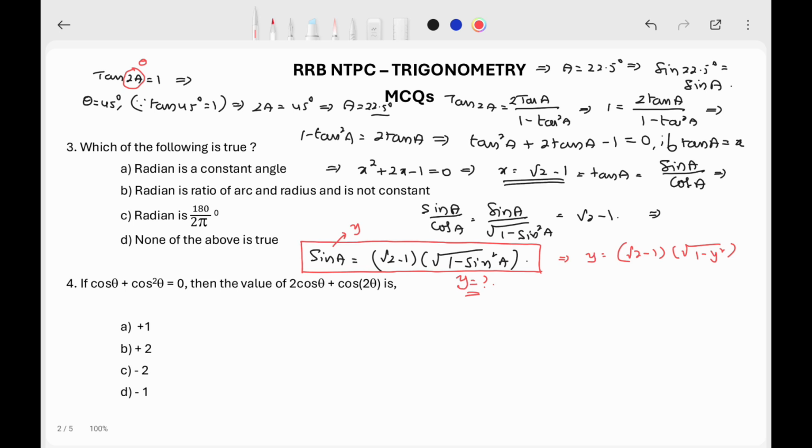Did you understand? Now, geometrically, there is another way to solve this.